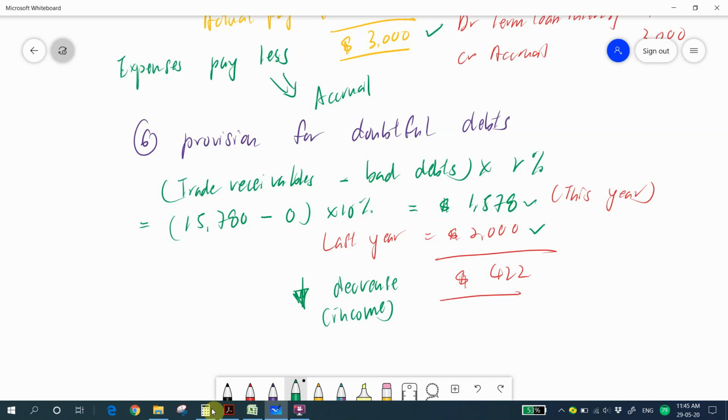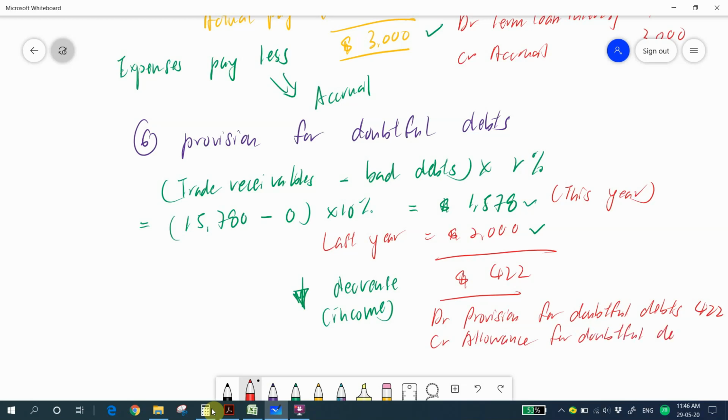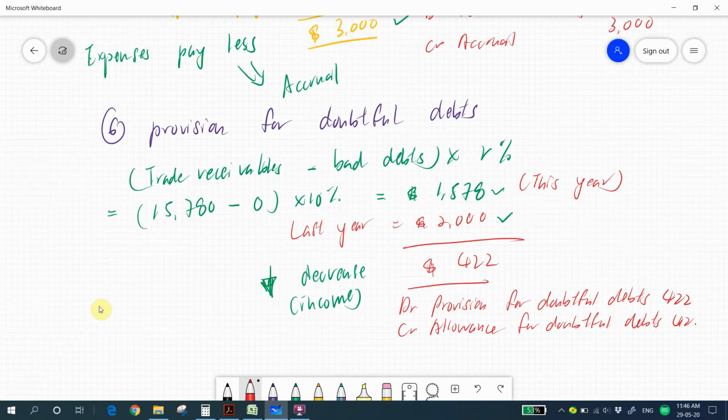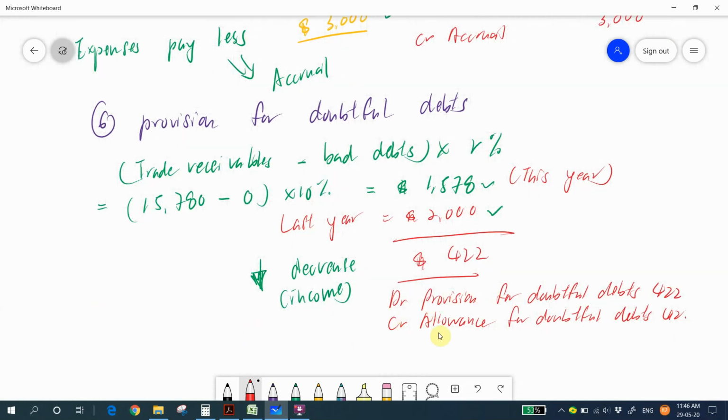So when your provision for doubtful debts decreases, the double entry will be: you debit the provision for doubtful debts 422, and then you credit the allowance for doubtful debts 422. Right, debit the provision, credit the allowance.